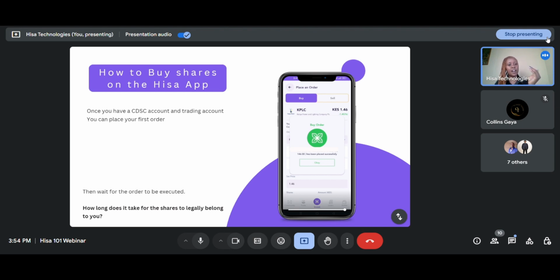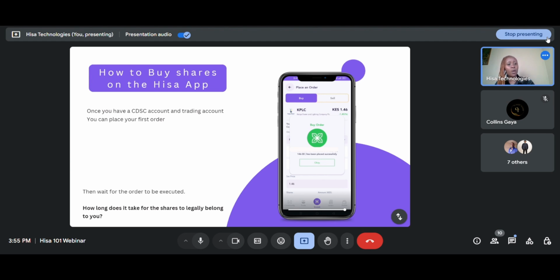Once you find the company, tap on it, key in the quantity depending on how much you want to invest, and then just tap buy. It is as simple as that. And as you have seen, you can get to own shares with less than 200 shillings. It is as easy as that.